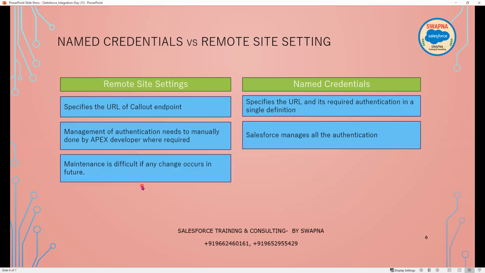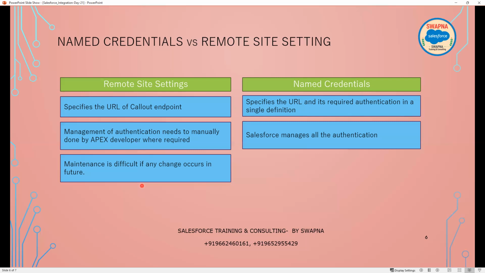And the third one is that maintenance is difficult if any change occurs in the future. That means if the consumer key or consumer secret is modified on the server side or the client side, we need to modify the code.